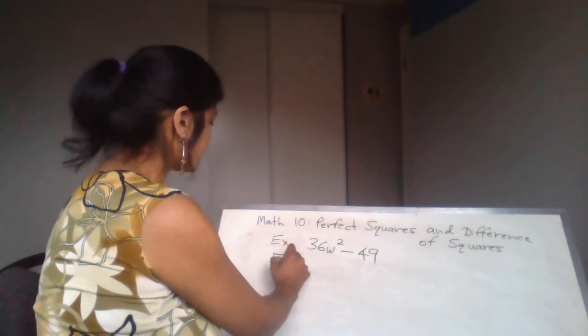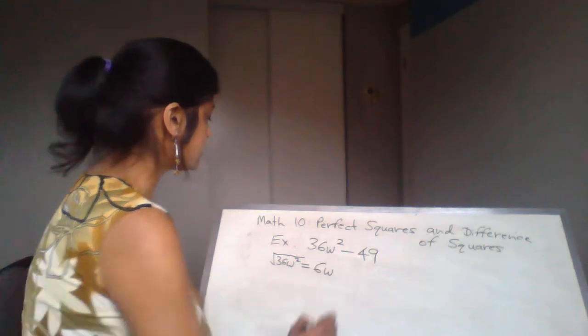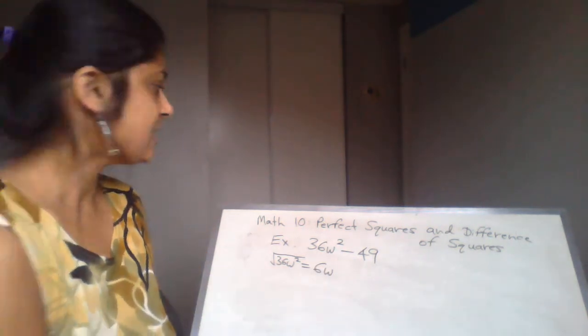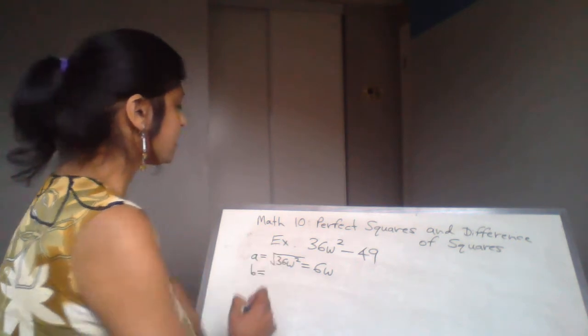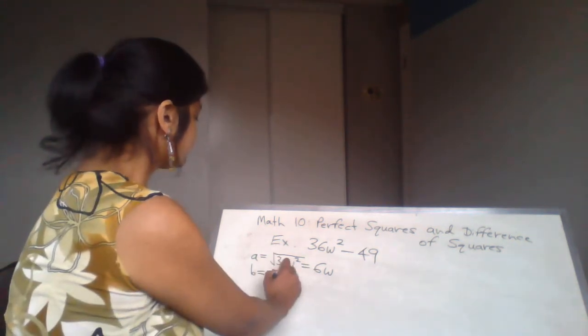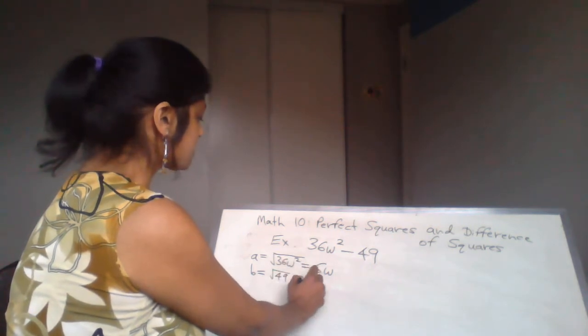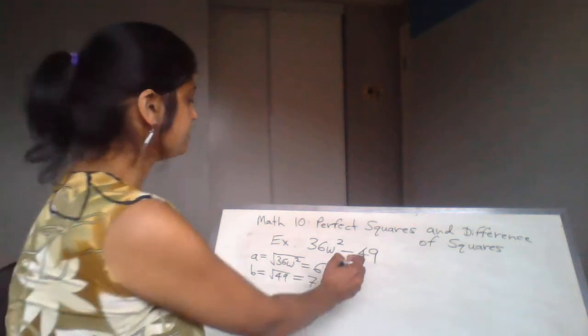The square root of 36w squared is 6w, and you can use this as the value of a. For the value of b, I take the square root of 49, which is 7.